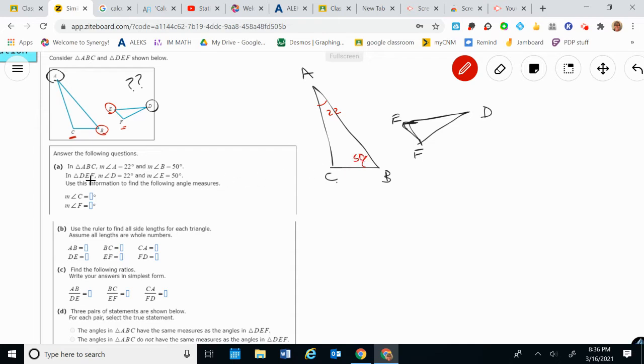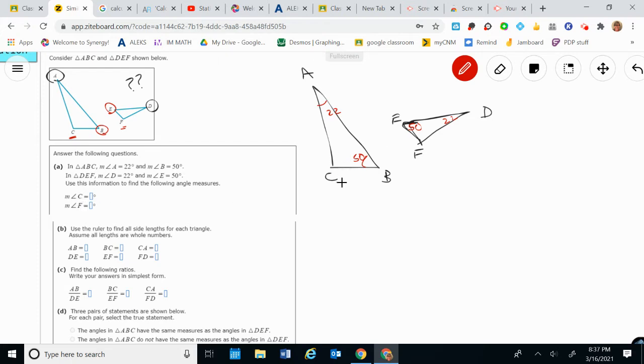And in DEF, the measure of angle D is 22 and E is 50. So yes, we were comparing B and E and that was correct. Use this information to find the following angle measures.